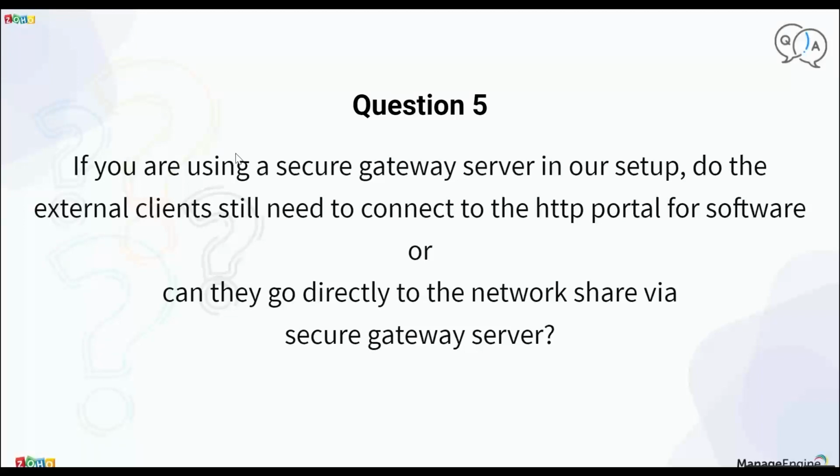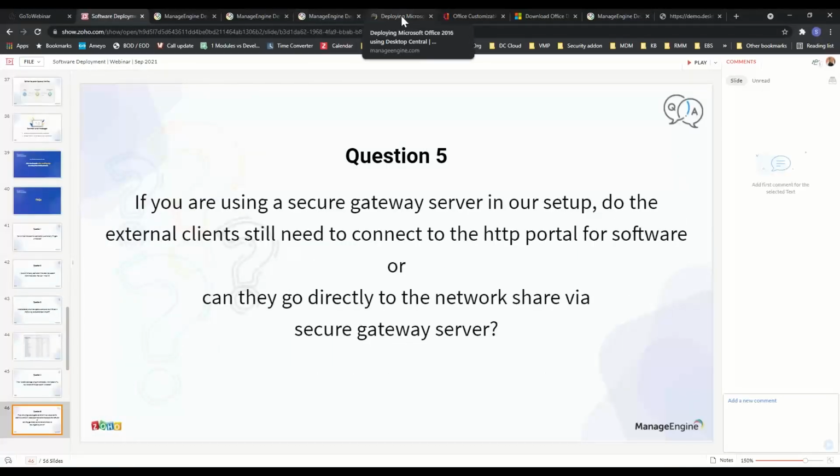So this is something that we talked about in our architecture, right? So we have the network share and an HTTP repository. So only those locally connected machines, or those that are connected through VPN, will be able to access the network share if they have permission for it.